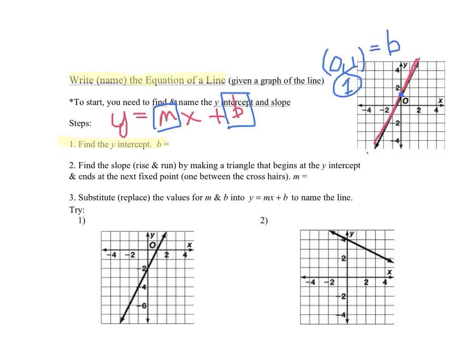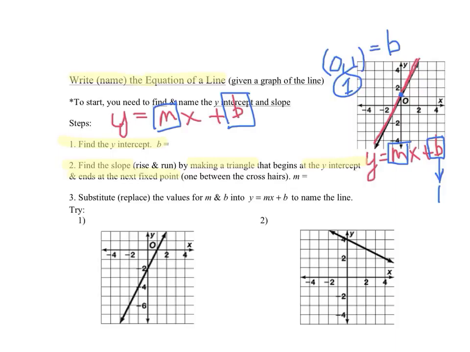So let's write the formula. y equals mx plus b. And we just found the number for b, which will be 1. So now we've satisfied the requirement for finding b. We now have to find the m, or the slope. To find the slope, we're going to use the rise and run, making our triangle. We can begin at the y-intercept and then find the next fixed point, one which is right on the crosshair.